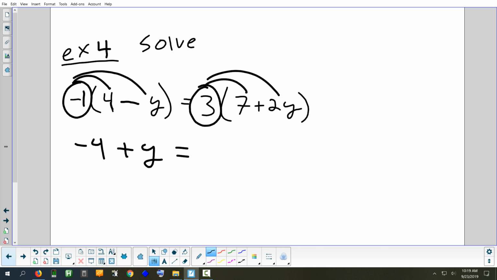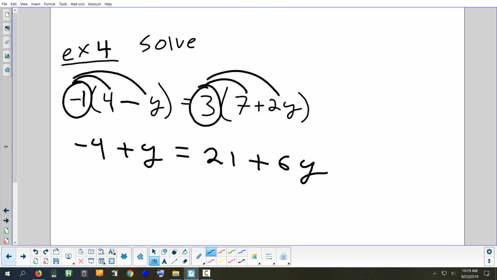What you get when you distribute everything? Yeah, Elizabeth? 21 plus 6y. Perfect. 3 times 7, 21. 3 times 2 is 6y. All right, so we've done distributive property. Do I have any like terms on the same side of the equal sign?